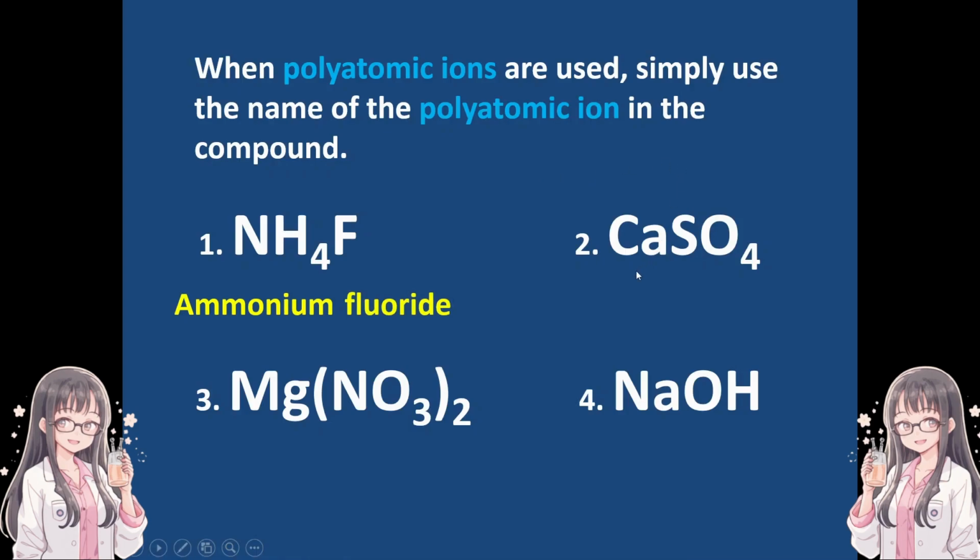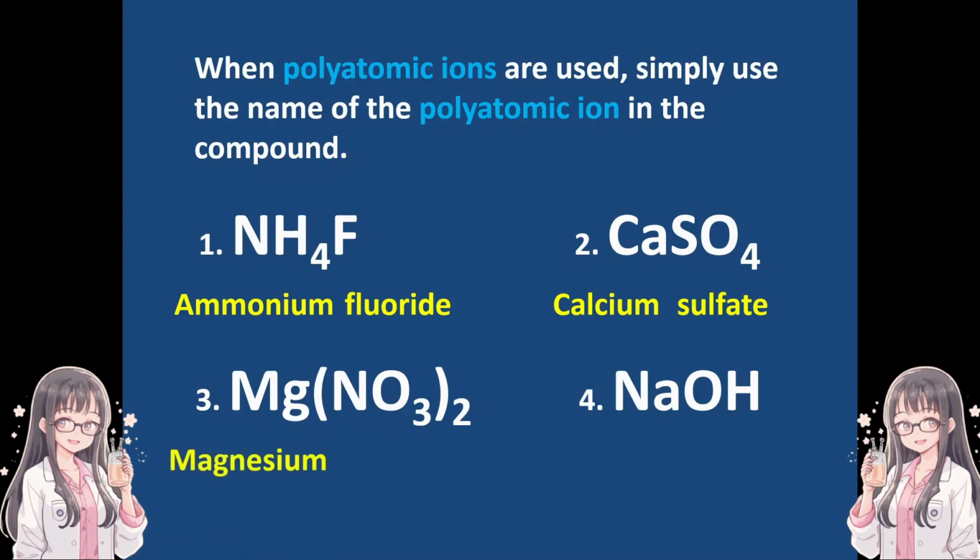Now, if you will be writing the name for a polyatomic ion that is combined with a metal, you write first the metal followed by the polyatomic ion. Ca is calcium, and then in the reference sheet SO4 is sulfate. Next, Mg is a metal, NO3 is polyatomic.